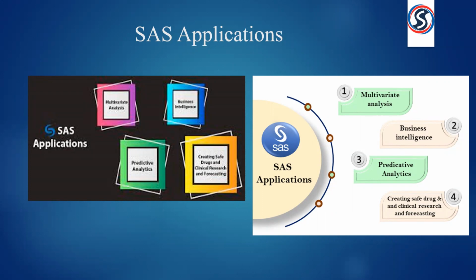So in clinical research and forecasting, how SAS is helping is the most important part, because SAS provides all its features and development to clinical research and forecasting. In the field of medicine, some revolutionary changes have occurred due to SAS.